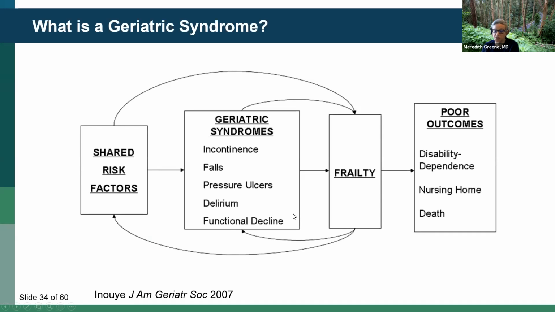In this model, they pull out frailty as the meta syndrome, but you can see from the directions of these arrows that all these things are actually interconnected and can occur at the same time. But really why we care about geriatric syndromes is they lead to outcomes like dependence in ADLs, IADLs, which often in turn leads to long-term care placements and death.